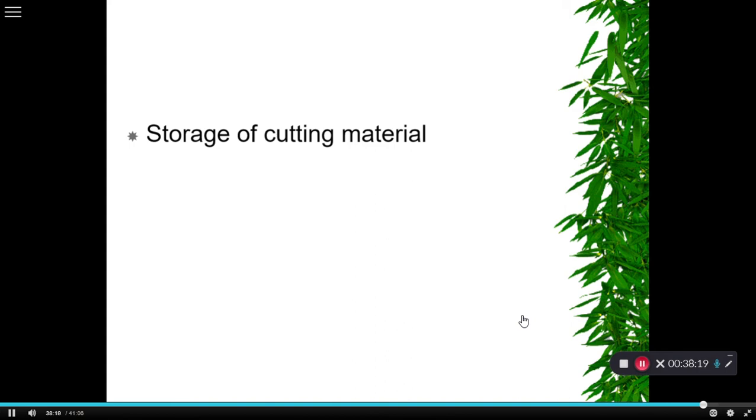Again, you're reducing respiration, trying to reduce desiccation. And in those storage units, of course, you want to make sure you stay on top of any diseases that develop, because that can quickly spread through those cuttings that you're storing. And if it remains in there, you're propagating the pathogen also. So yes, it is possible to store cuttings for a period of time.